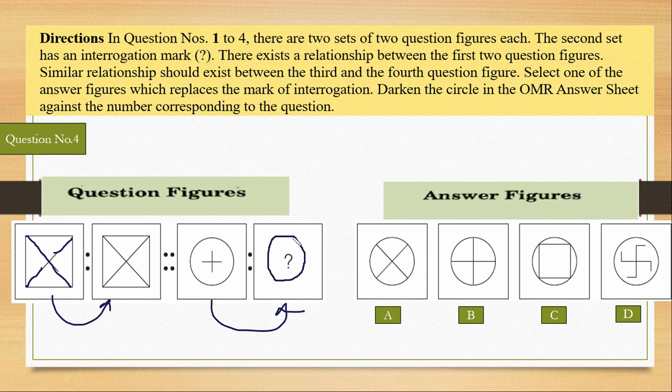So it will be something like completing this one and this one. Here the matching figure is option B. The same analogy from the first set I applied to the second set. Let us move on to the next section.